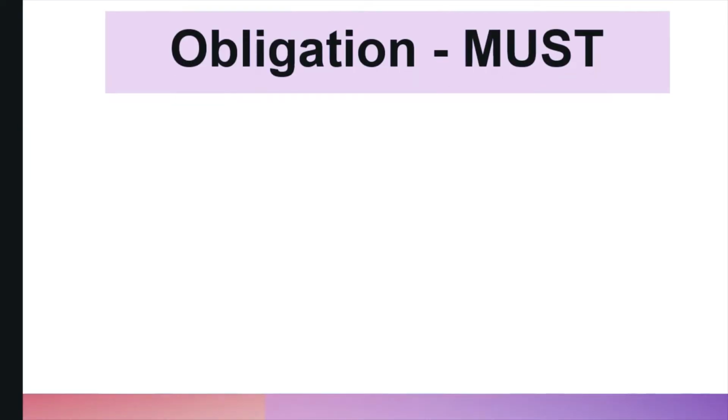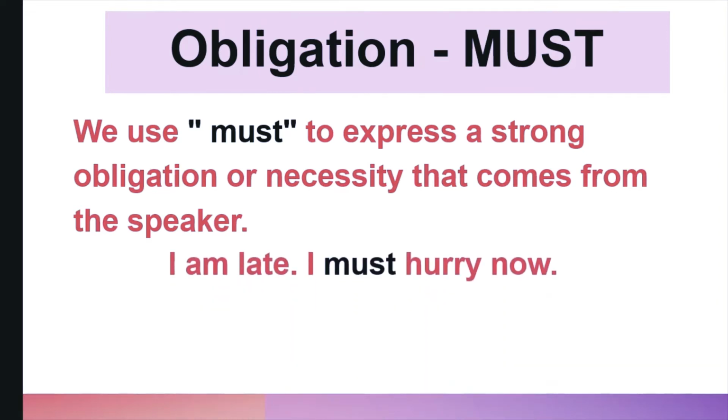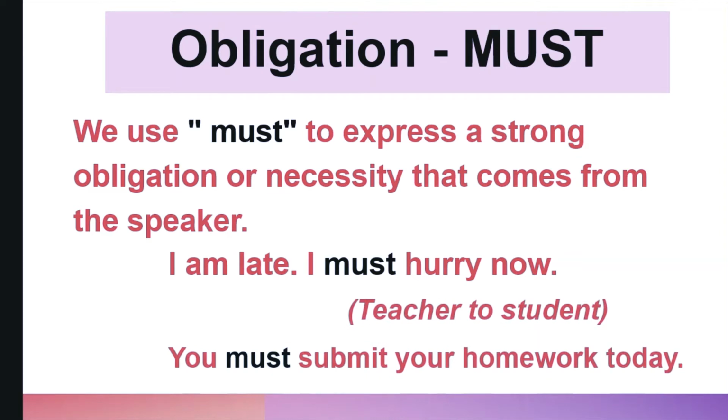The modal verb must is used to express a strong obligation or necessity that comes from the speaker. For example, I am late, I must hurry now. Take note that the urgency to do something comes from the speaker himself. Here's another example. You must submit your homework today.